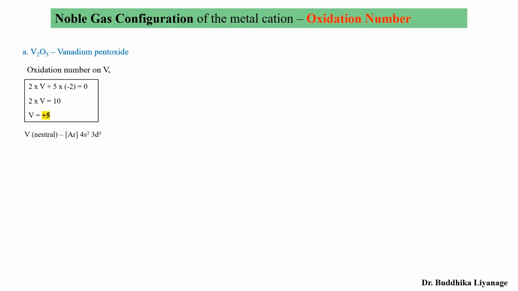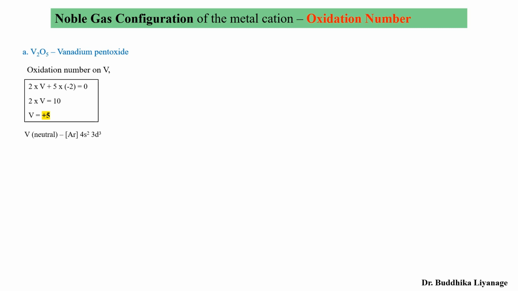If we write the electron configuration of neutral vanadium, the noble gas electron configuration is argon 4s2 3d3. But vanadium +5 is the oxidation state in this compound. So we need to remove electrons from the outermost shell inwards. When we fill the electrons, first 4s and then 3d.